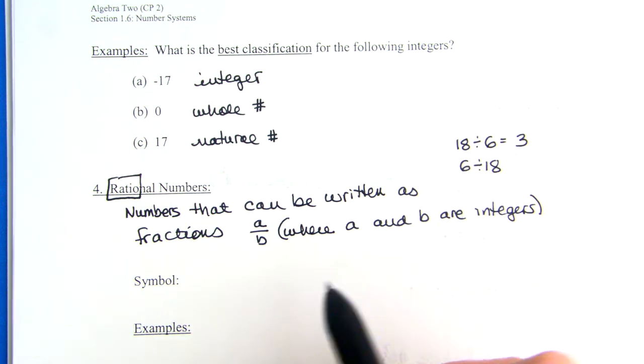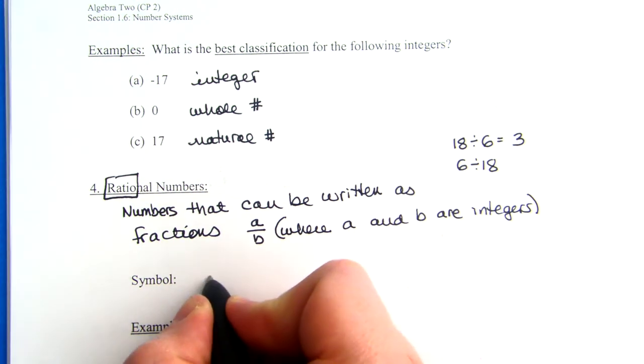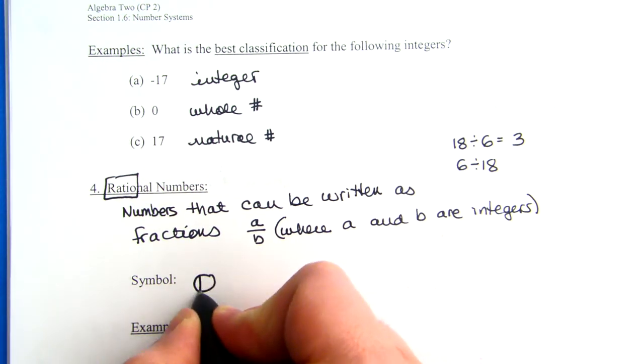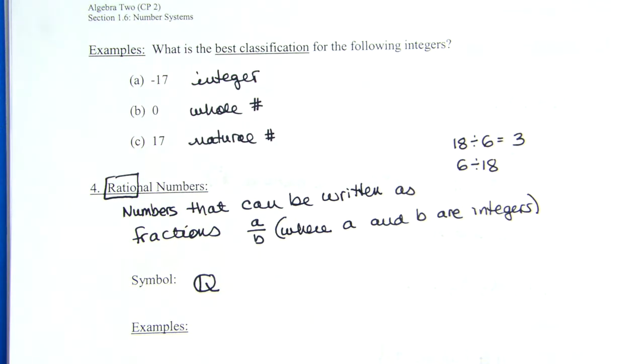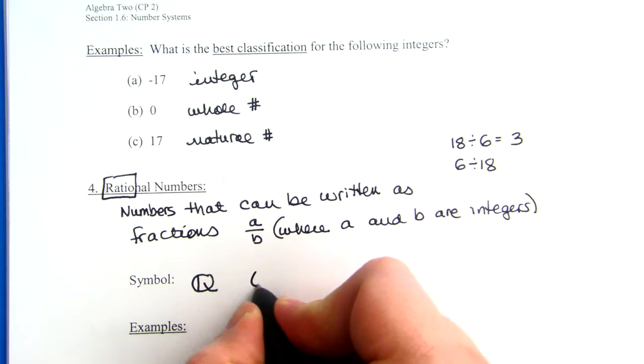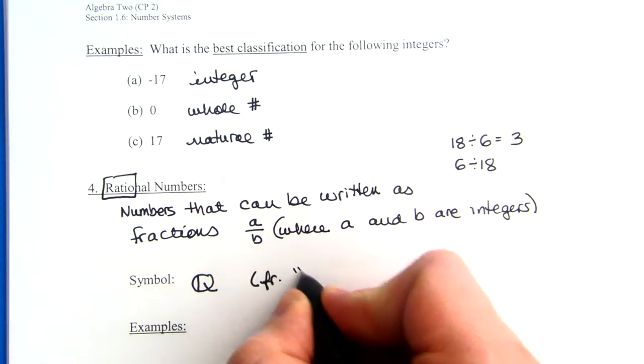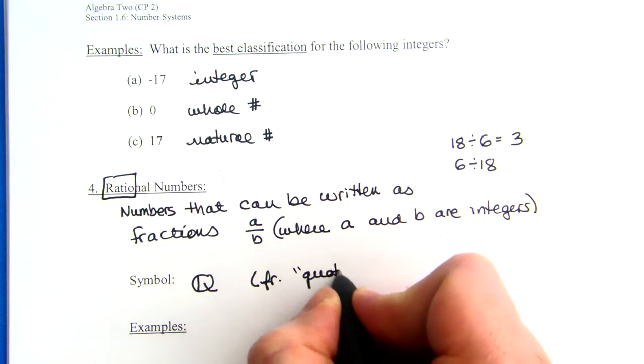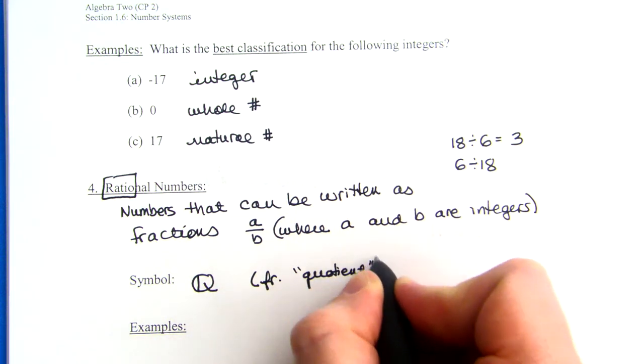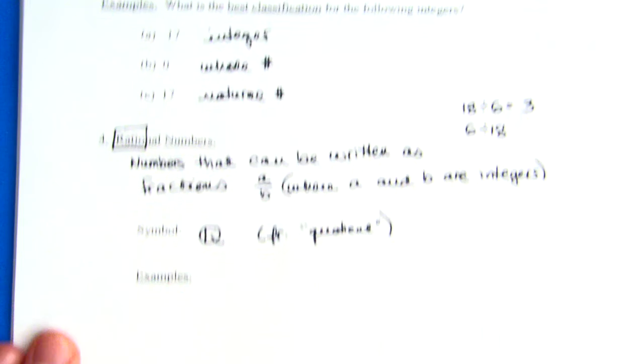What's the answer to a division problem? Well, the answer to a division problem is the quotient. And because of that, we're going to use a fancy-looking Q for our rational numbers. Q from quotient, because rational numbers really are division problems.